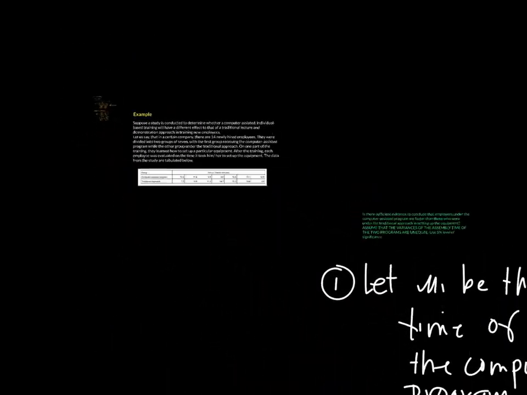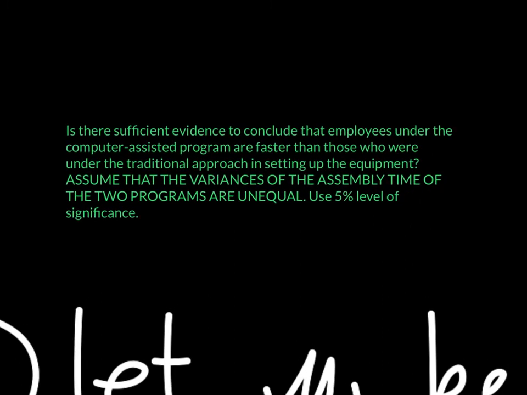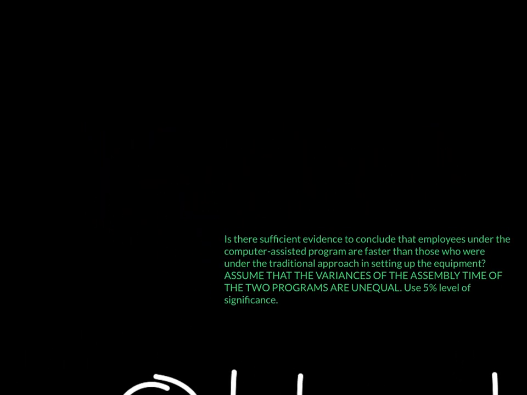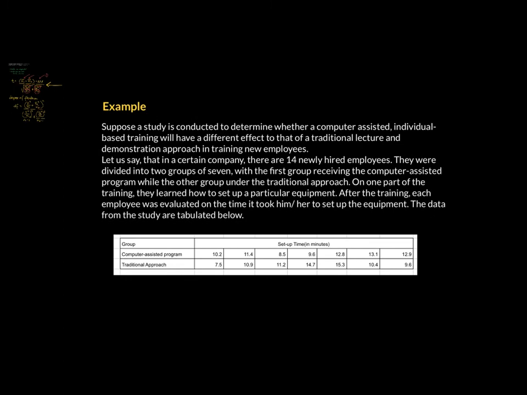Like in our problem, the instruction was to assume that the two variances are unequal, given the two population means. Okay, so that's how you do hypothesis testing when it comes to two populations when the variances are assumed to be unequal. Okay, so that's it.